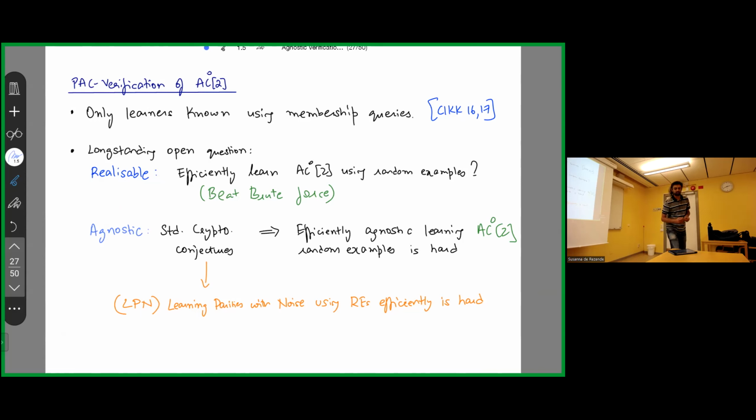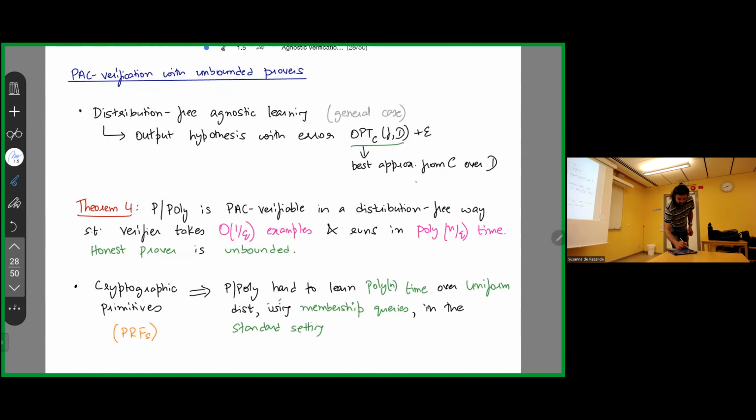And I have time to mention this result as well. If you have an unbounded prover, then we can even go to the distribution-free setting, which is the most general case where the examples come from any arbitrary but fixed distribution D, and you're supposed to output a hypothesis with error opt with respect to distribution D plus epsilon.